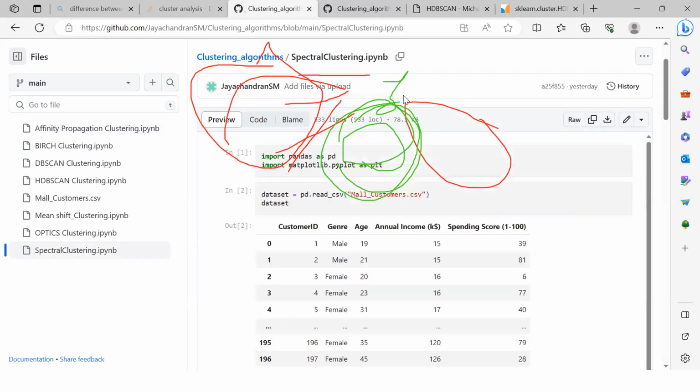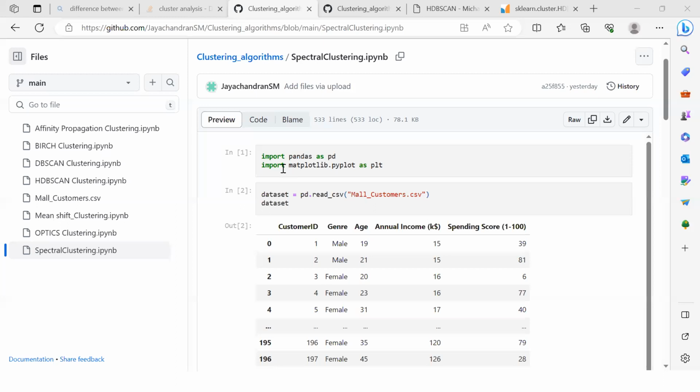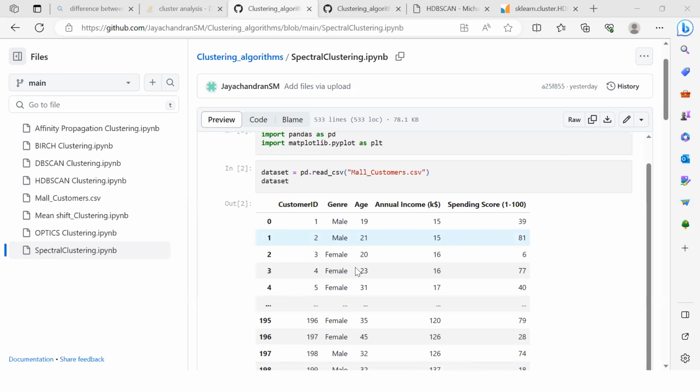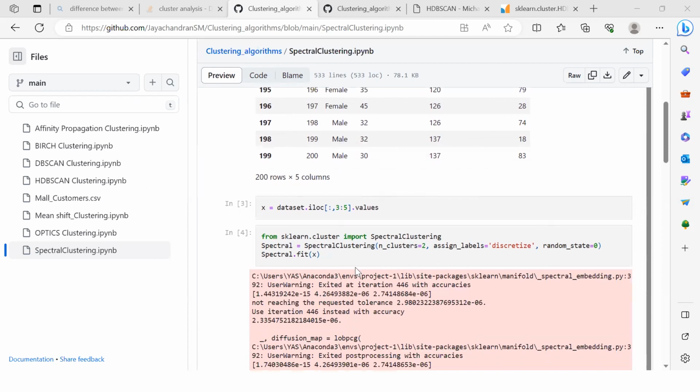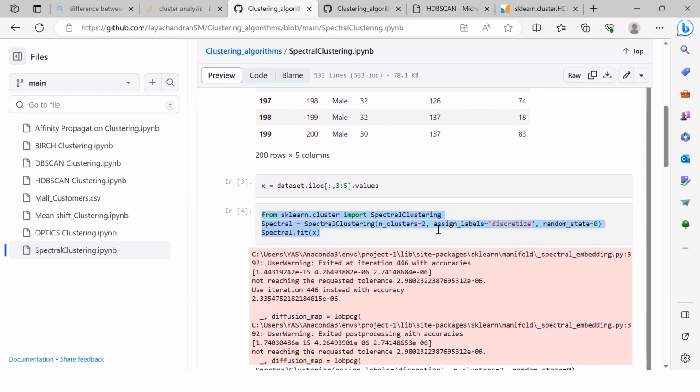Let me remove these scribblings I have done. As you are all aware of the steps I showed in the previous affinity propagation and mean shift algorithms, I will quickly go to the area where we tweak the logic using the spectral clustering algorithm. I assigned a few hyperparameter tuning values to identify whether I'm getting the best possible results.